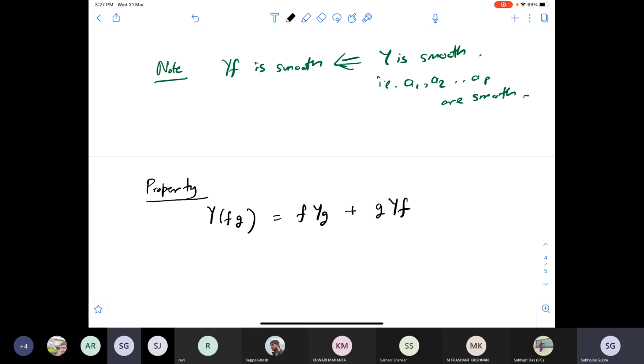It's a product rule. This is for all f, g in C infinity of M. So you can call this the product rule, a property of this linear operator that we defined.